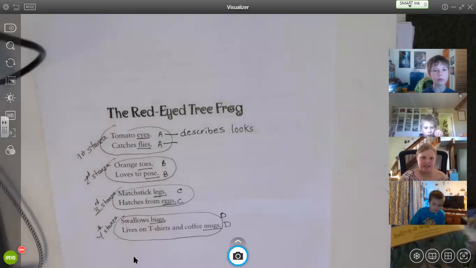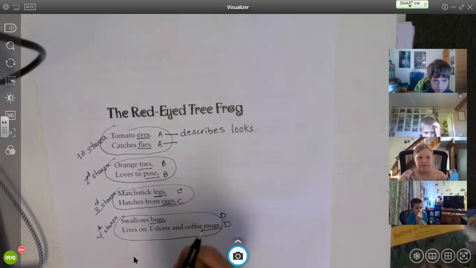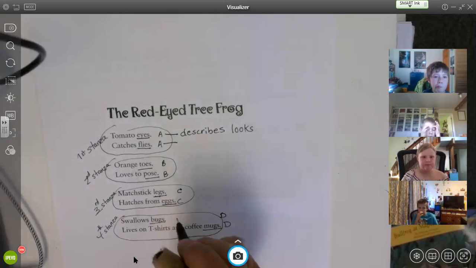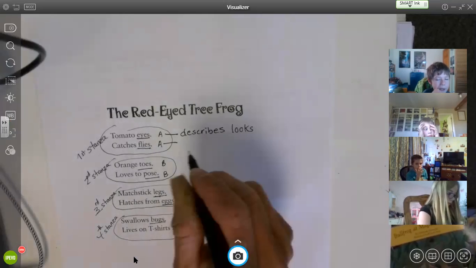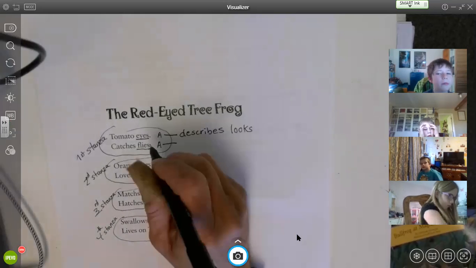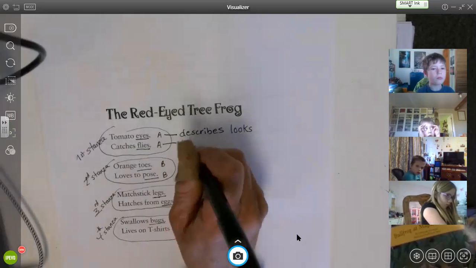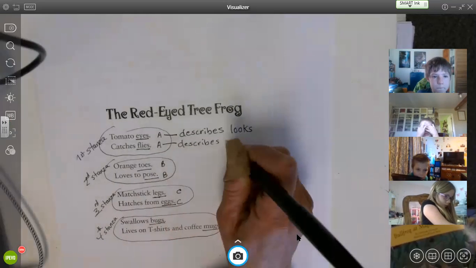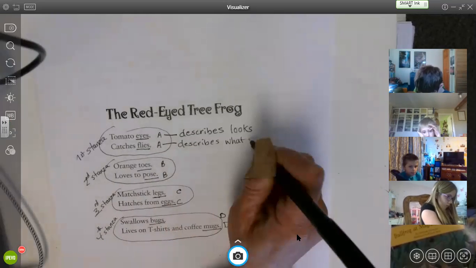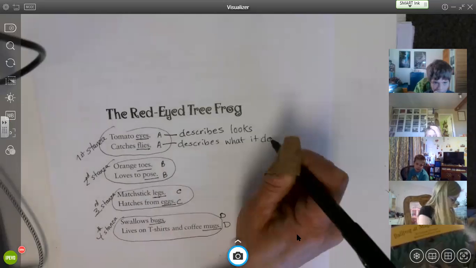Marin? It describes what they're doing. Yeah, so the first line describes its looks. Its eyes look like tomatoes, but this describes what it does. So now we're kind of looking at the structure as we go as well.